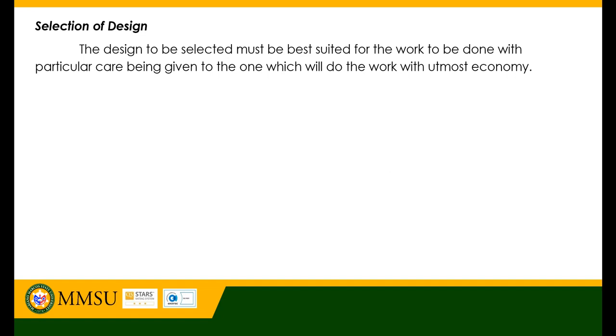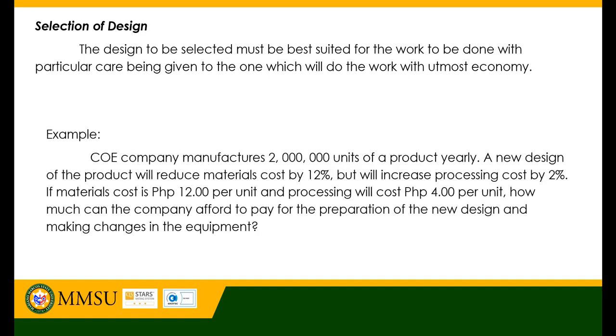Another situation is selection of design. Okay, example natin. COE company manufactures 2 million units of product yearly. A new design of the product will reduce materials cost by 12%. Okay, so mare-reduce yung cost ng materials by 12%. But will increase processing cost by 2%.